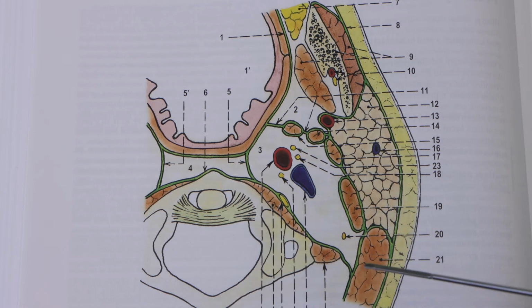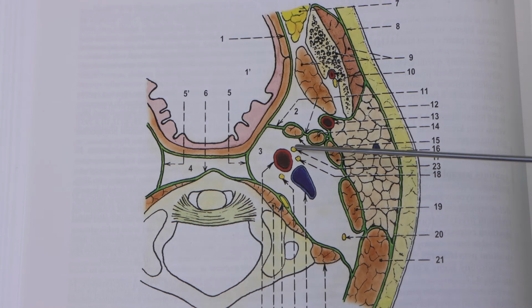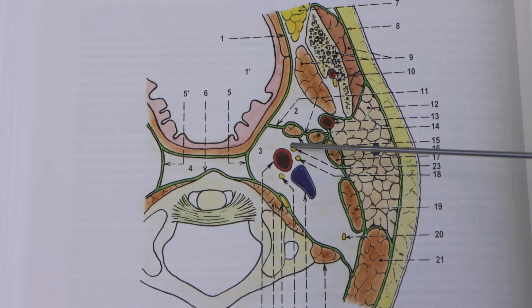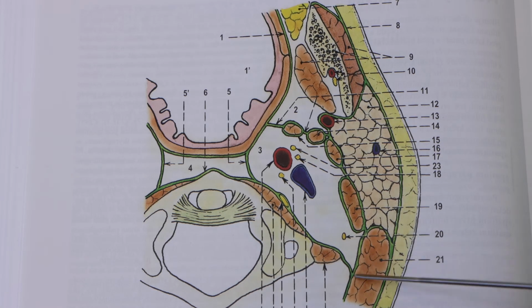Posteriorly is the vagus nerve, and anteriorly is the hypoglossal nerve, and here near the stylopharyngeus muscle is the glossopharyngeal nerve, and here near the sternocleidomastoid muscle is the accessory nerve.